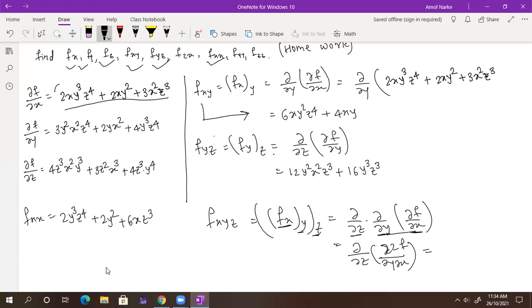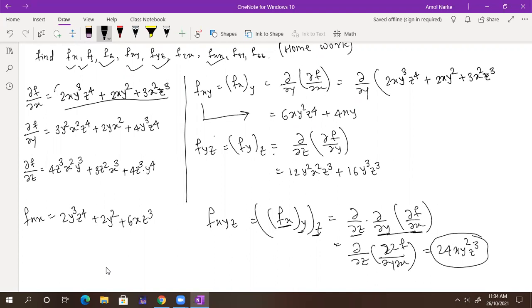So the answer becomes 24, since we are differentiating with respect to z. If I differentiate this with respect to z, 4 comes here, 6 fours are 24 x y squared z cube. That's it, because here no z is there, so it is 0. So this is your answer, and accordingly we can generalize the things.